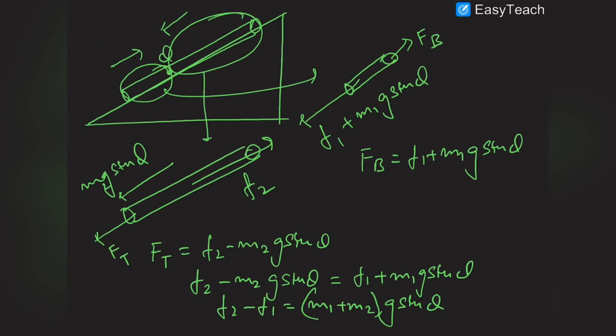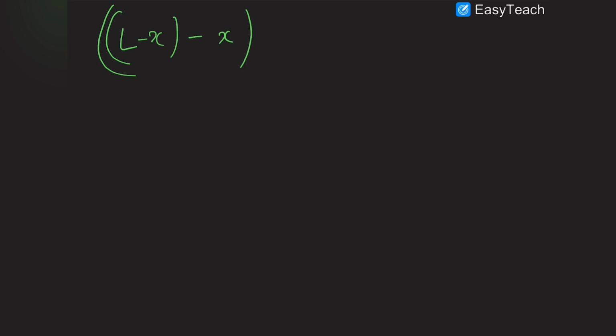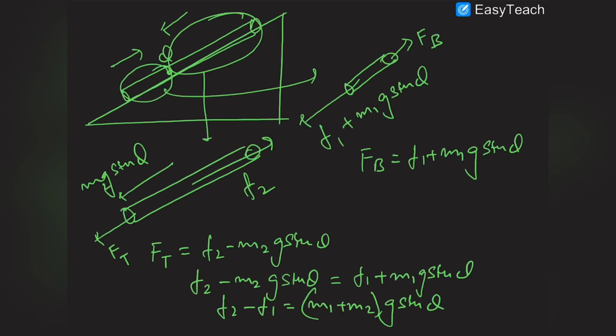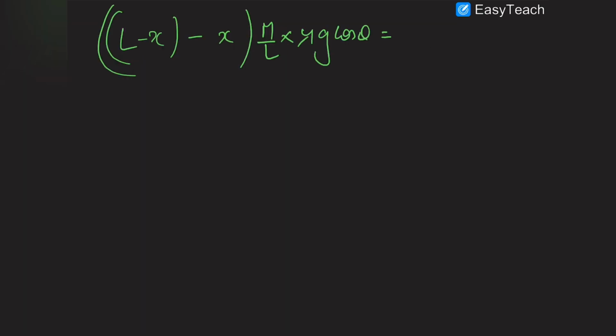So (L minus 2x) into m by L into mu into g into cos theta is the net friction. And (m1 plus m2)g sine theta will be mg sine theta. Cancelling mg with mg, and the value of mu is 1.